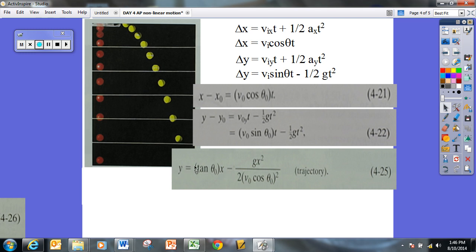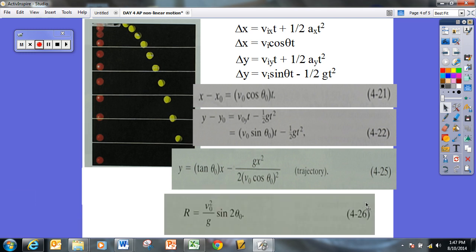But notice that all we've done is taken this simultaneous equation, solved it for t, and substituted it in here for t to get this equation. I think it is questionable whether you should try to memorize this equation when you can always get there by just the simultaneous solution of these two.